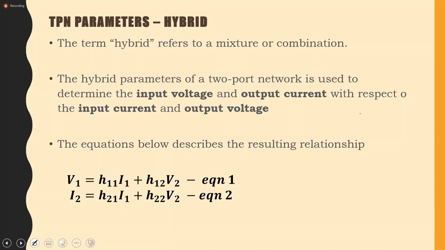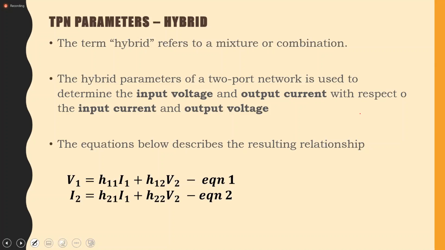All right. So we have the input voltage being given by H11I1 plus H12V2, and I2 being equal to H21I1 plus H22V2. The other thing we need to take note of is the fact that with the admittance parameters, all the parameters were admittances. For the impedance parameters, all the parameters were impedances.